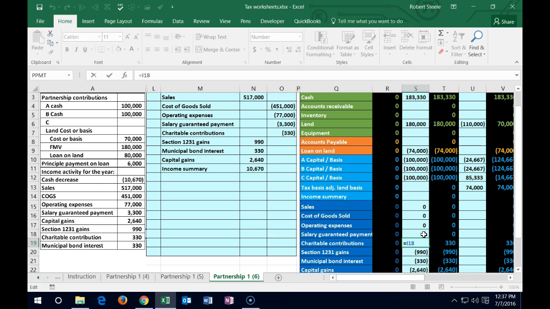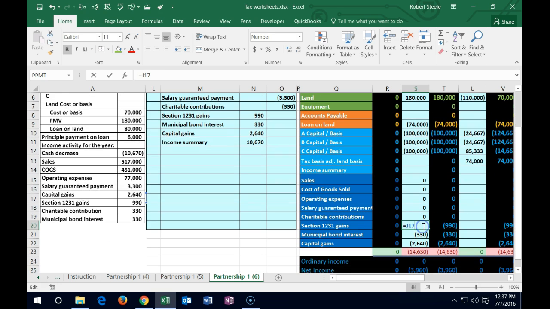Here's the 330 plus this, making it go to 0. Here's the 990 plus this, making it go to 0. Here's the 330 plus this, making it go to 0. Here's the 2640 plus this, making it go to 0. The difference we're just going to stuff into income summary.